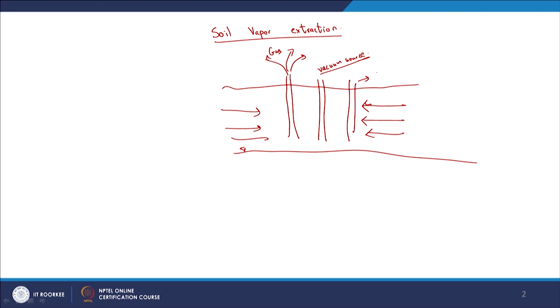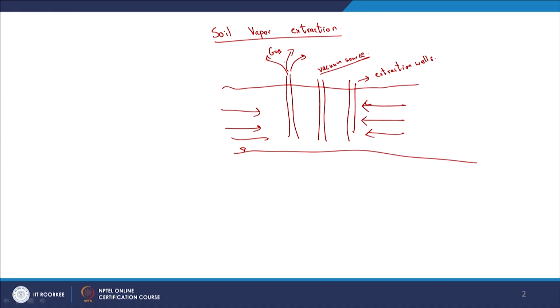So, you are going to have extraction wells. Sometimes you can double up and have both the vacuum source and the extraction wells in the same setup, but it depends upon the site. So, obviously, you are going to have this particular setup, and what else can you do to make this system work better?